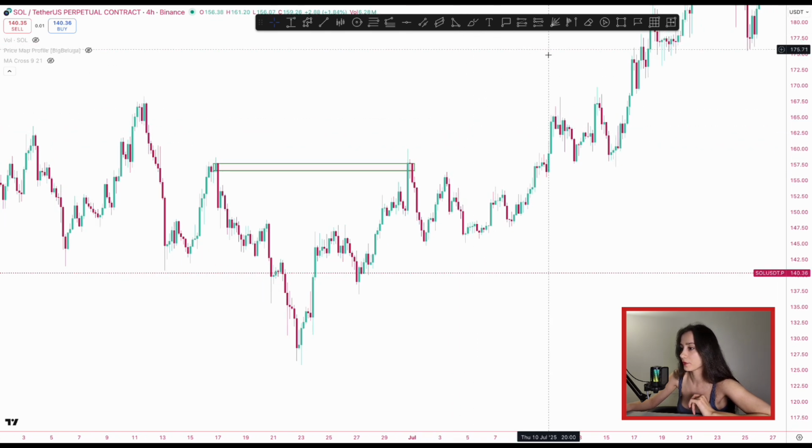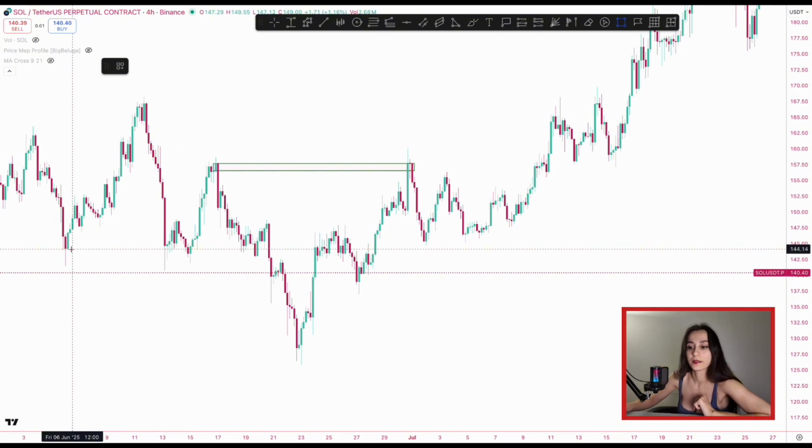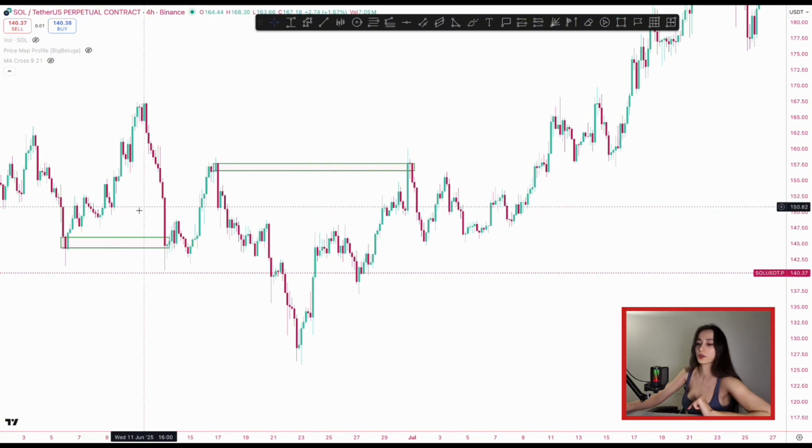And also, let me find a demand. To identify a demand, you need to look for a red candle and a bigger green candle, and you will see the buyer pressure over there. When you see that, you will take the previous candle bodies and make your box, you will set your box.